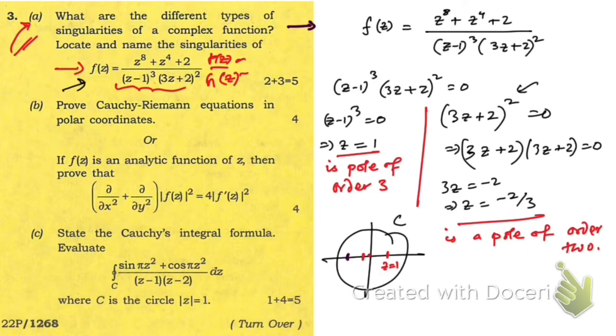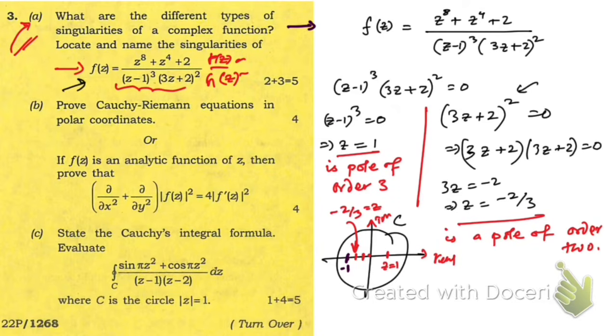If this is z equal to minus 1, then if you divide it into 3 equal parts, then out of 2 parts, this point is going to be minus 2 by 3. So hope you have understood this. This is the real axis and this is the imaginary axis, right?